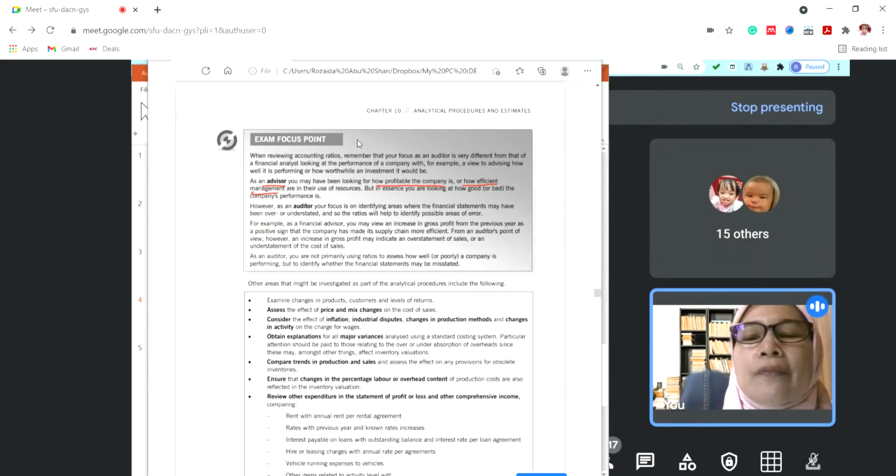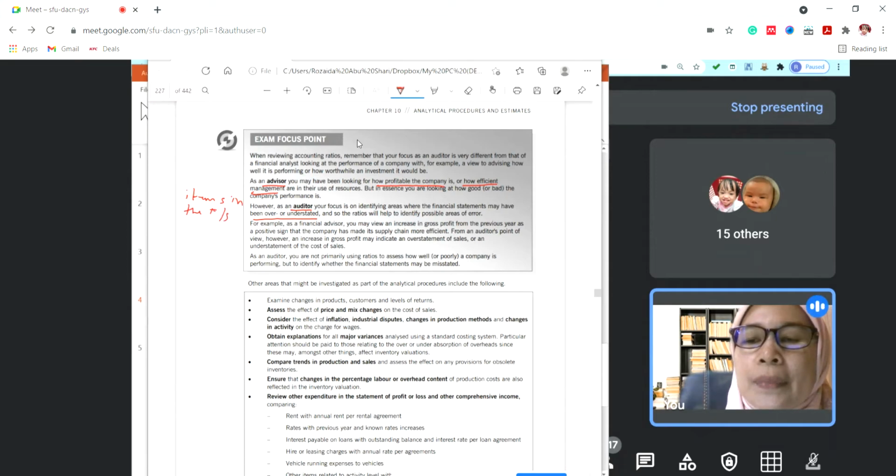But from the perspective of the auditor, it's different. When you look at the ratio analysis as part of your analysis, actually you are focused on identifying areas where the financial statements may have been over or understated. You must look at that, whether the items in the financial statements are correctly recorded.